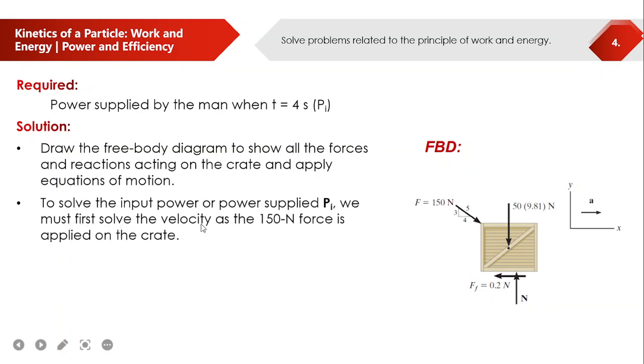So to solve the input power or power supplied P sub i, we must first solve the velocity as the 150 Newton force is applied on the crate. So kailangan natin yung velocity. So let's solve that one. So summation of all the forces along y is equals to m times the vertical component of the acceleration, which is equals to 0 kasi walang motion na nagaganap sa y component natin, no?